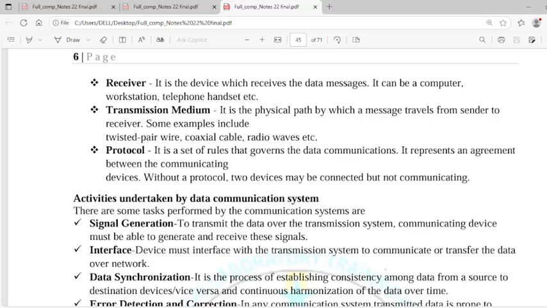The IP protocol is of two types. We have IPv4, which is the Internet Protocol version 4, and the Internet Protocol version 6.